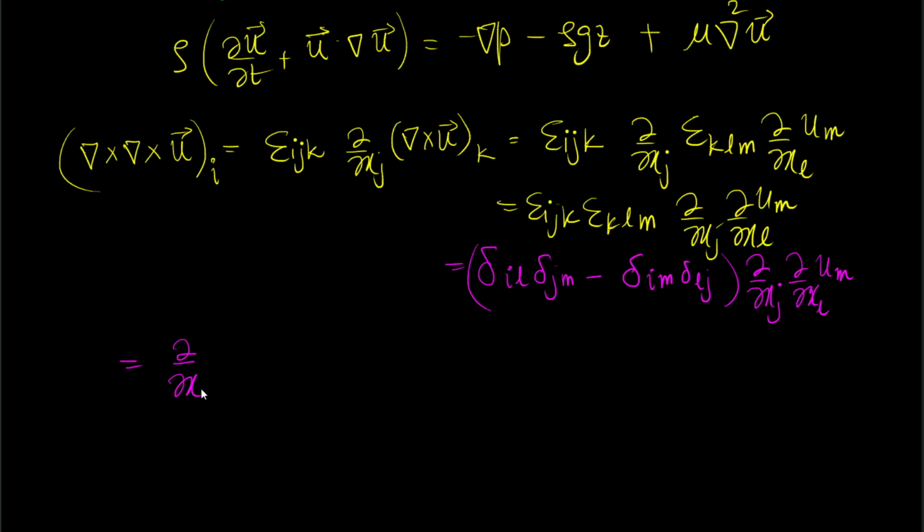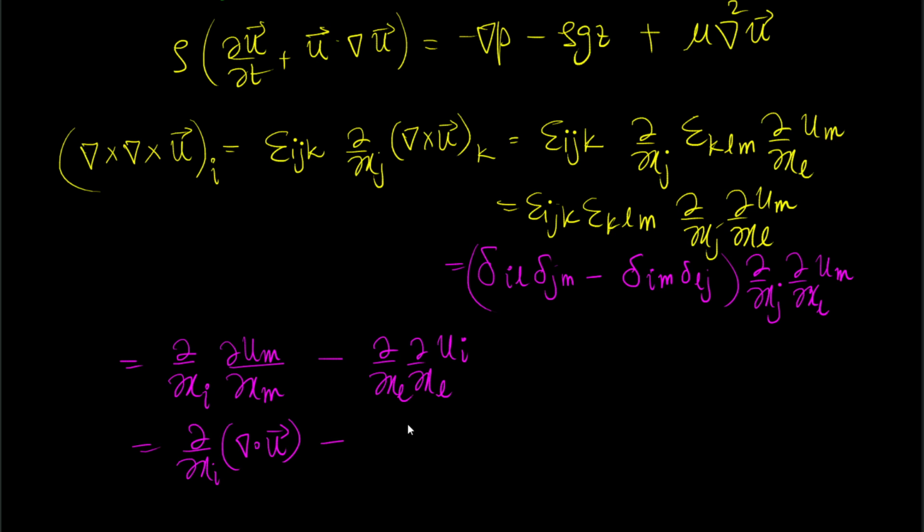So del xi del um del xm. The second term is i is equal to m and l is equal to j. So del xl del xl ui, and this is the divergence of the velocity. So this is del xi, divergence of the velocity, minus, now this is the Laplacian of the velocity. So essentially it is simply this, assuming an incompressible flow.